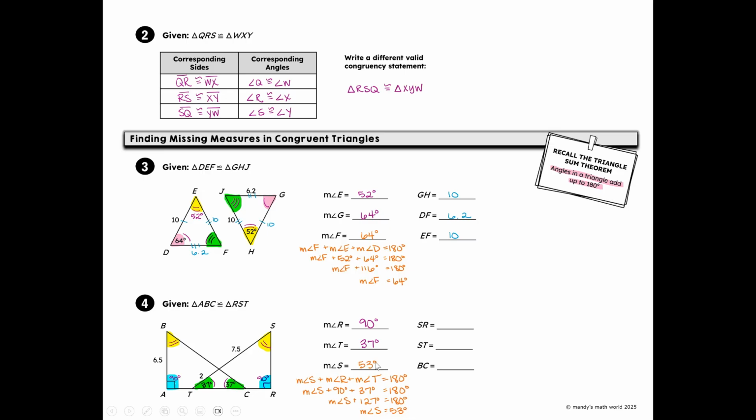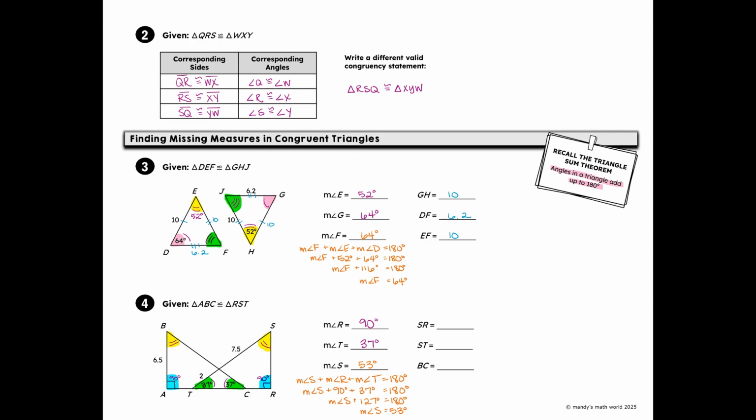So that means the measure of angle S is 53 degrees, right? In middle school, you probably were just like 90 plus 37 is 127, or 180 minus 127 is 53. When we write all of this out, this is just that upper level geometry way of showing your work and justifying everything that goes into finding your answer, which is a big thing in geometry.